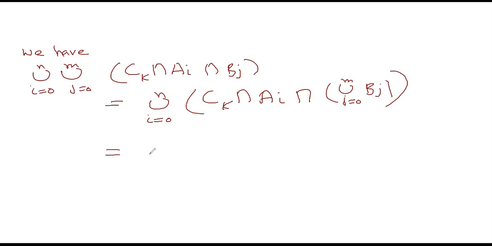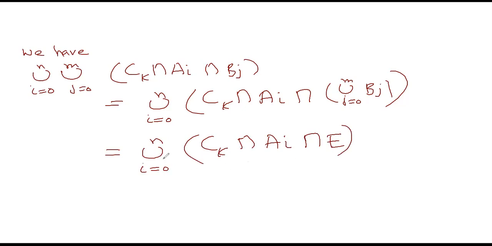That's equal to the union 0 to n of Ck intersection Ai, and this is intersection because this union is already done.